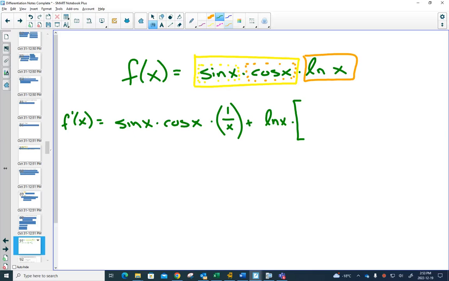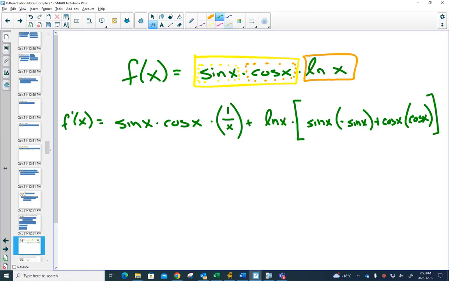Another product rule. So if I want to do the derivative of the first one, I have to go back into product rule mode. For the derivative of the first one, I would say keep one the same, derivative of the other one, keep the other one the same, derivative of the first one. And this would actually be the derivative of the whole thing.